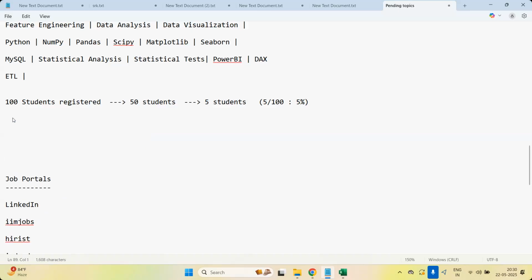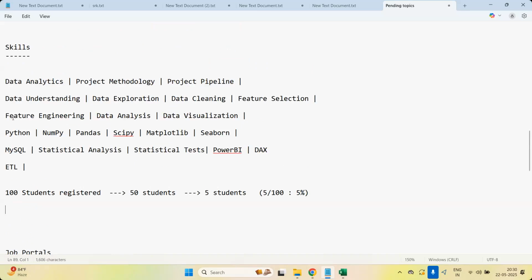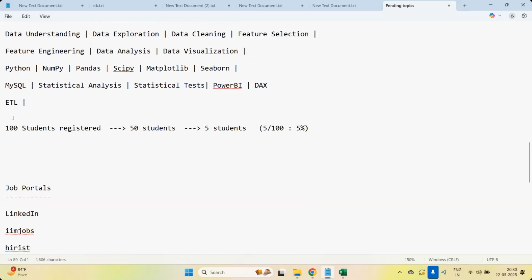Without completing the work, they are expecting the job. For those students, I'm saying what to do: once this is completed, please start applying to companies. Once your resume gets rejected, or once you go to an interview and get rejected again, then you'll get the experience. Then you'll understand what I'm saying.